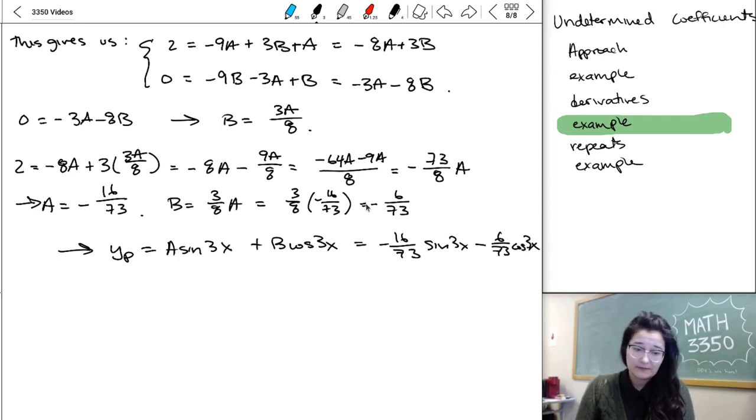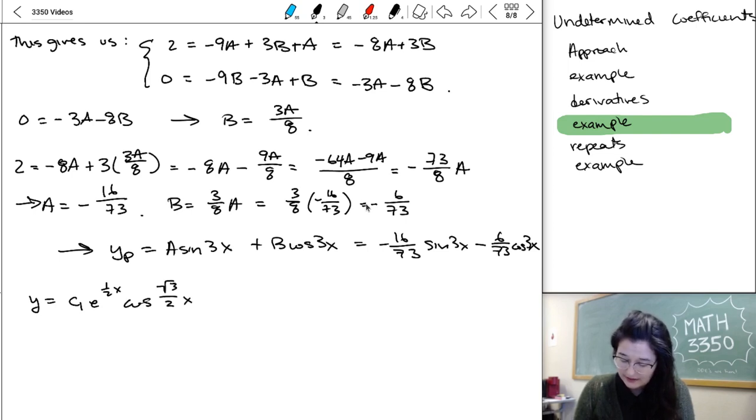Messy, but a function. And then our general solution is y equal to c1, the functions I gave you to start, e to 1/2 x cosine root 3 over 2x plus c2 e to 1/2 x sine root 3 over 2x.